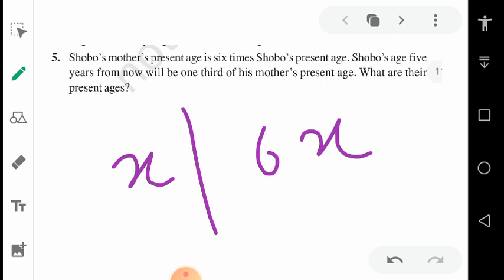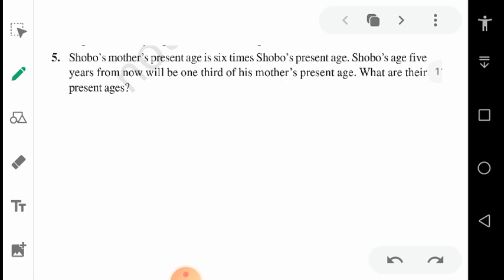So when you consider the values in a proper way, then your approach will be correct and you will get the answer soon. In this way we will consider their ages, then we will need to make an equation which depends on the conditions given in the question. The second thing given in the question is Sahu's age 5 years from now.